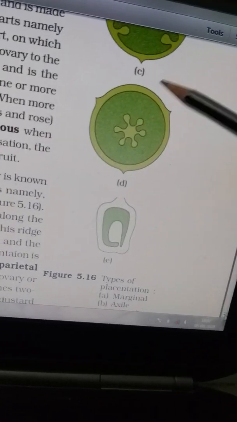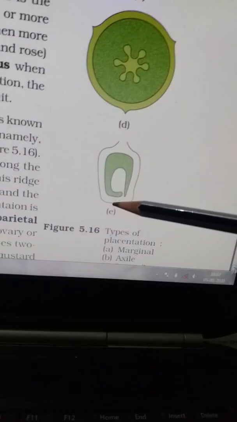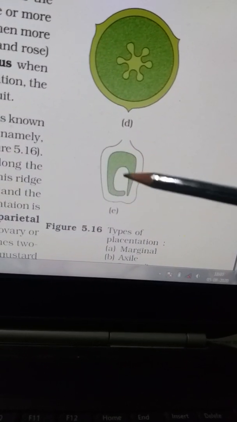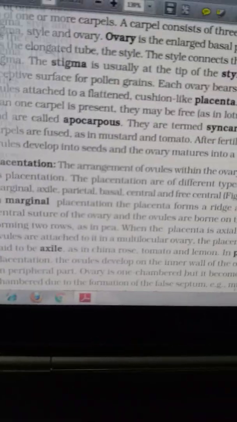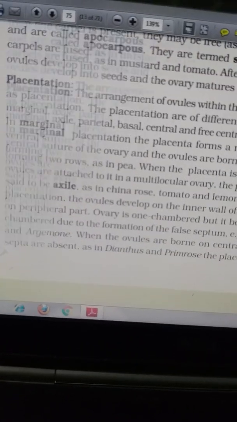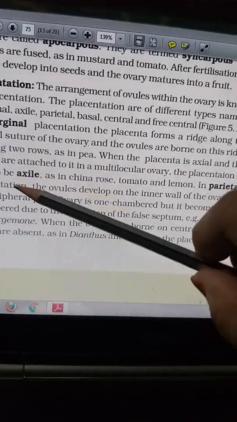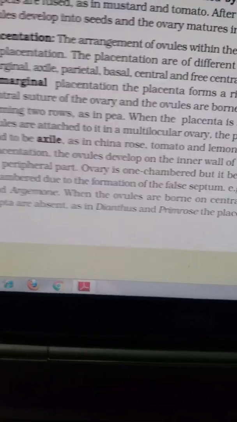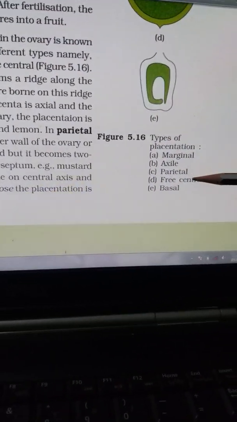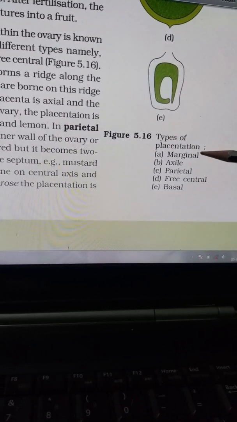Now here you see another example. Here the septa are absent, so this is known as free central, and here you see the base of the ovary, the seed is here, so this is known as basal. So these are the major types of placentation. Here you see the marginal, the parietal, the axile, and then the free central and basal. Marginal placentation, example pea.